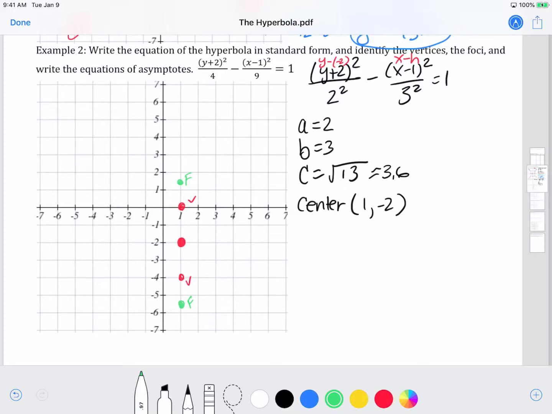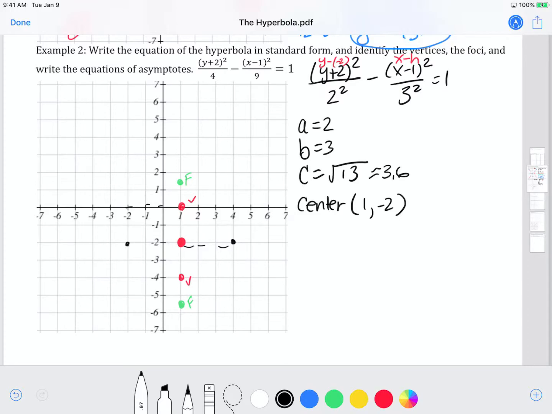Now I have to create my box so that I can draw my asymptotes and come up with the equations for my asymptotes. So since my transverse axis runs vertically, I'm going to come out horizontally from the center, my value of b in either direction, which in this case is 3. So 1, 2, 3, here's b, 1, 2, 3, here's my other b.